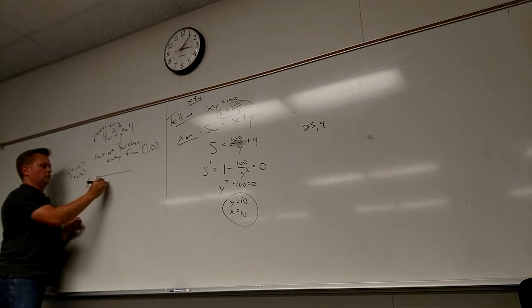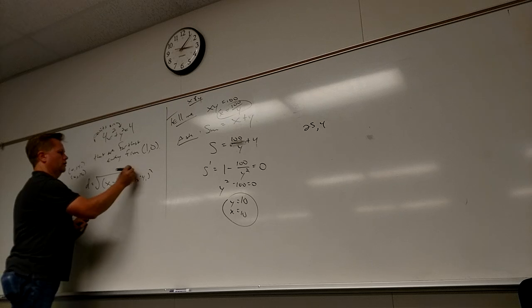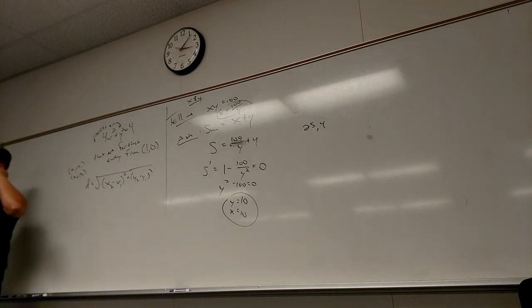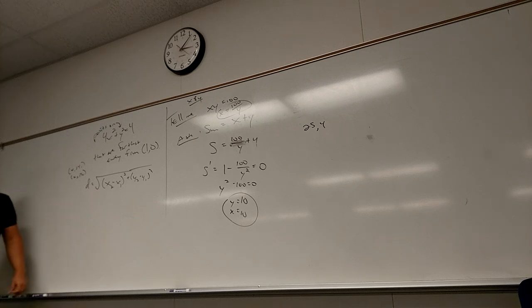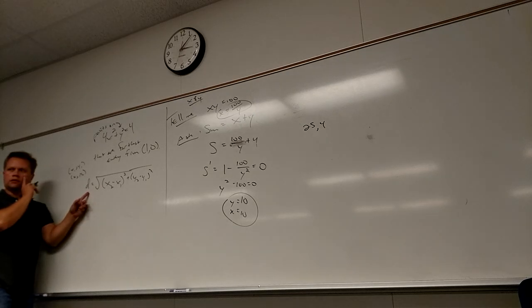Yeah, the square root of (x2 minus x1) squared plus (y2 minus y1) squared. This is just the Pythagorean theorem. Right?